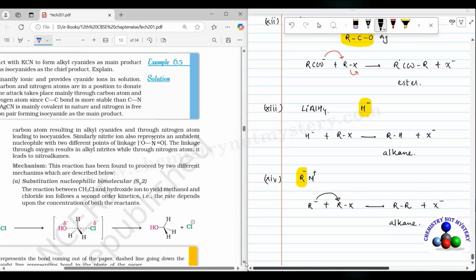That is, linking through the carbon atom results in alkyl cyanide, and through the nitrogen atom leads to isocyanide. Similarly, nitrite ion also represents an ambidentate nucleophile with two different points of linkage. Either oxygen is the donor atom or nitrogen is the donor atom. The linkage through oxygen results in alkyl nitrite, while through the nitrogen atom it leads to nitroalkane.